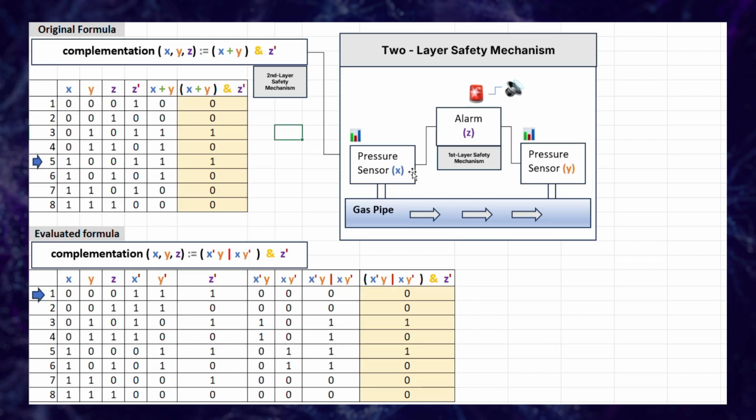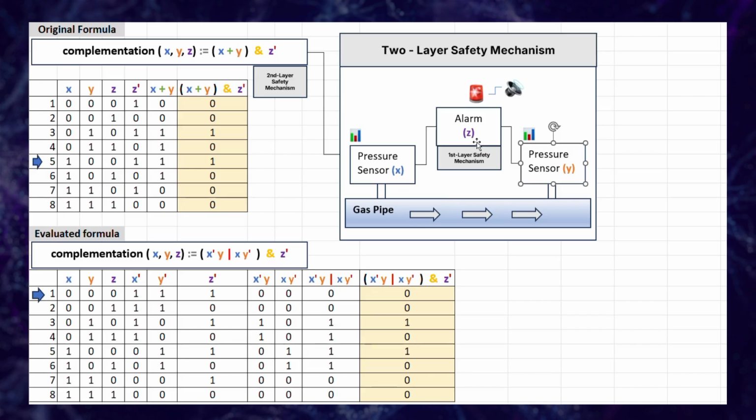So in one pipe, there are two pressure sensors. Pressure sensor X is in this place, and pressure sensor Y is in this location. So why did I choose the pressure sensors and then alarm?